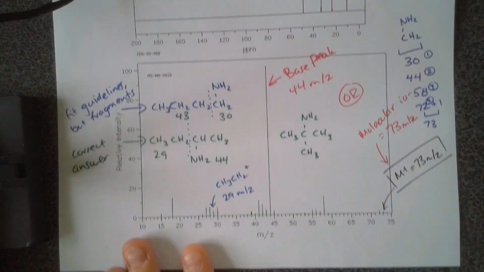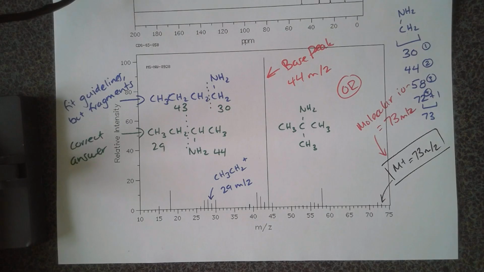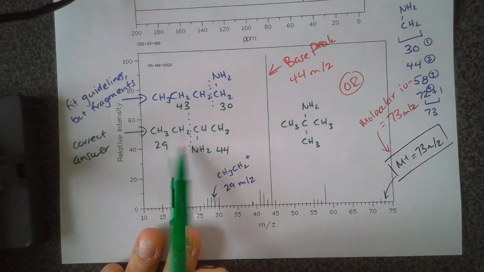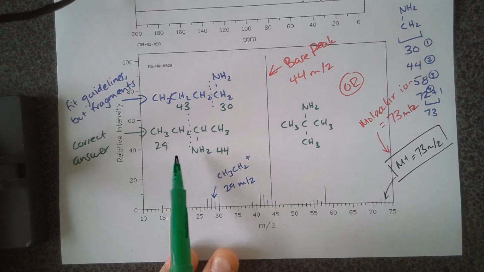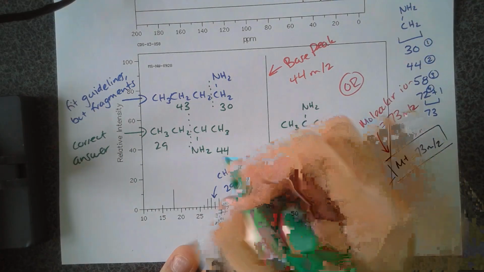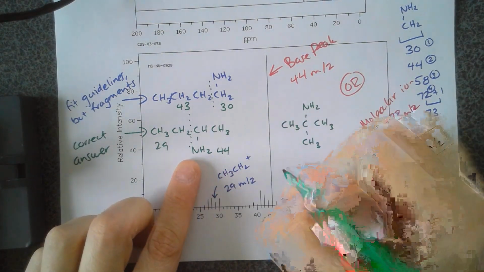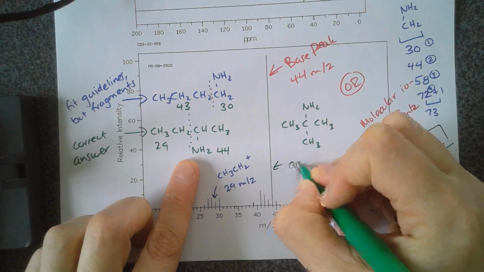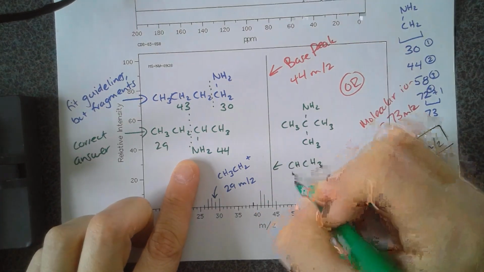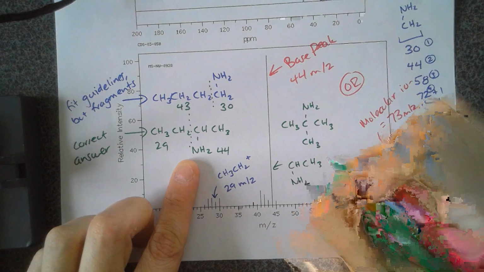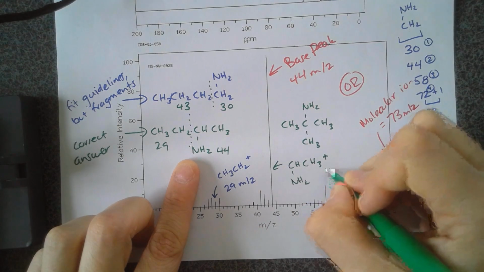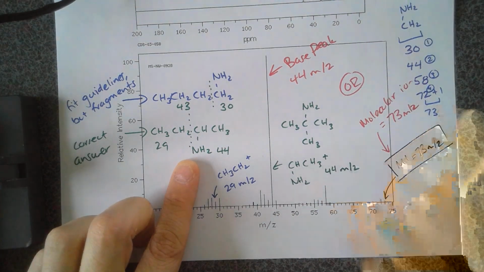All right, so when it comes to this then, what I want to see is some justification. So it's actually probably easier when you notice it to then go, oh, I can explain the base peak now. So this base peak is actually that 44. So that's going to be the CH, CH3, and then the NH2. And that's a positive one, and that's going to be your 44 mass to charge ratio.